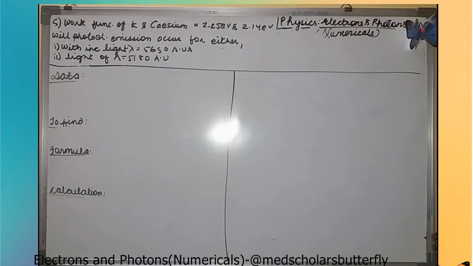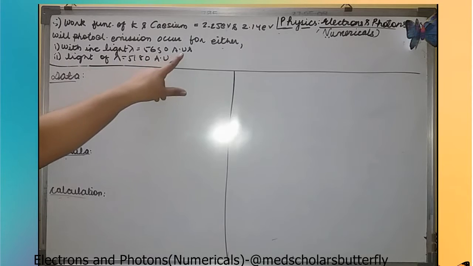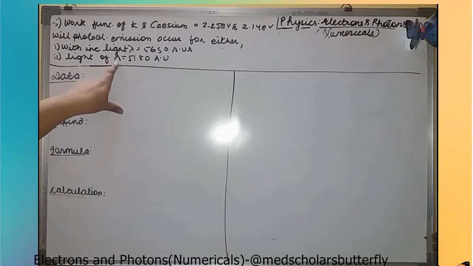You have been given the work function of cesium and potassium. You have to find whether photoelectric emission will occur in two cases: when the incident light is of wavelength 5650 Angstrom unit, or light is of wavelength 5180 Angstrom unit. For both, you have to calculate for both the materials.